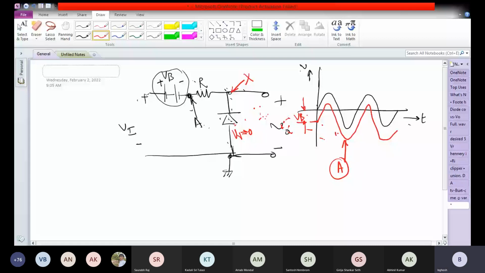So therefore, this part of the waveform is going to be clipped. So this is the output voltage here.